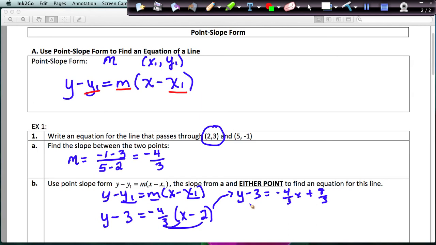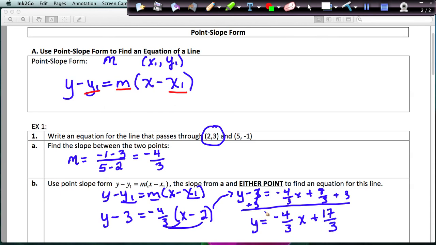So we're going to add 3 to both sides of our equation. Those will go away, and I get y equals -4/3 x. Then you need to add 8/3 plus 3, which is 9/3, and you get 17/3.